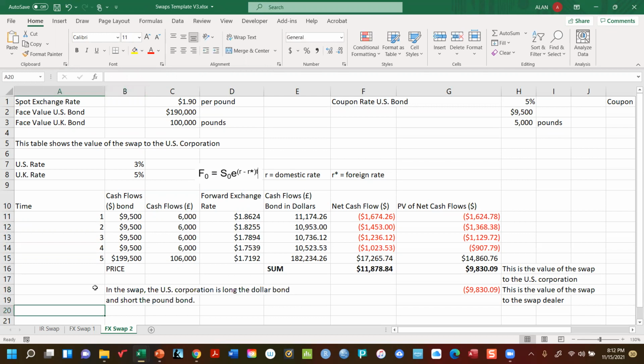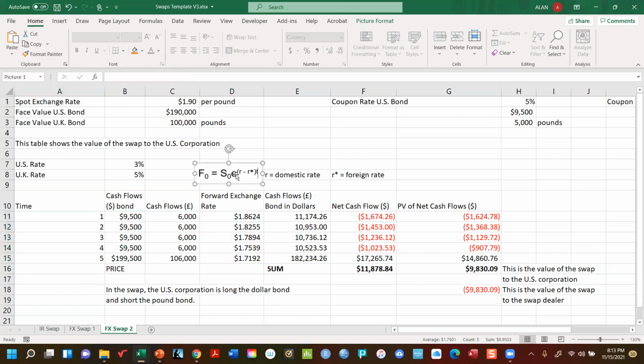Now, what's different now, if you notice, is that we're not going to simply discount these future cash flows. We're going to do something a little bit different. We're going to say, well, listen, the implied forward exchange rate on each of these 5 dates, they're all here and they're coming from this formula.